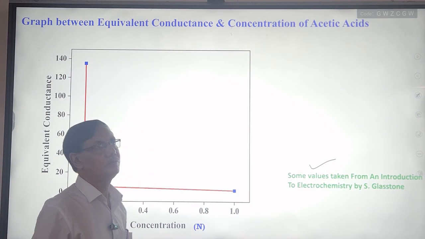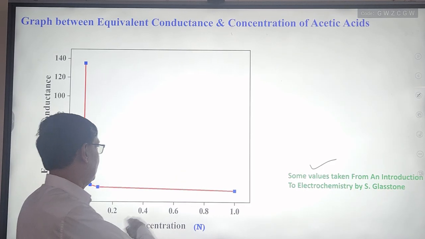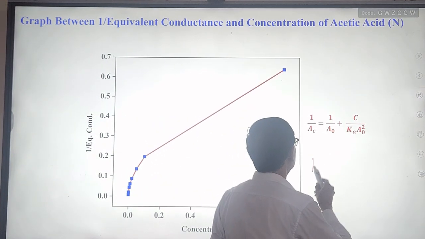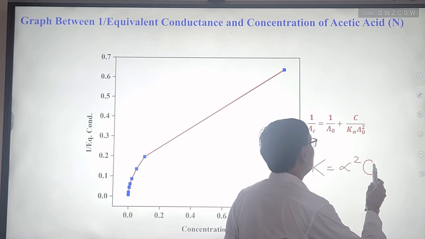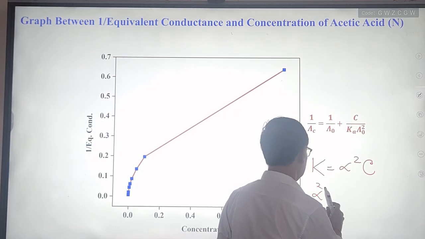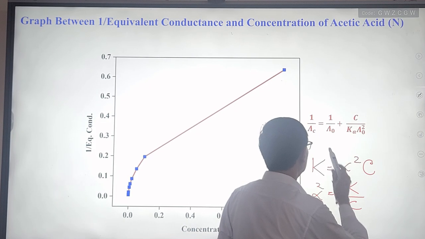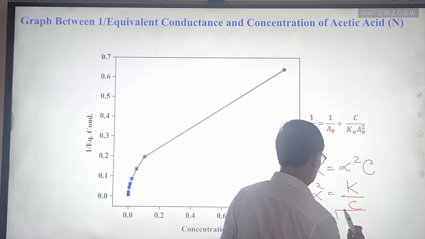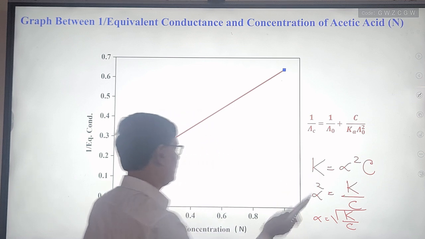Another method, the crude method, is if I want to get a straight line. As I already told you, our system has K equal to alpha square C, which I have already discussed. So I can write alpha square is equal to K by C, or alpha is equal to under root of K by C. The degree of dissociation is inversely proportional to the square root of the concentration.